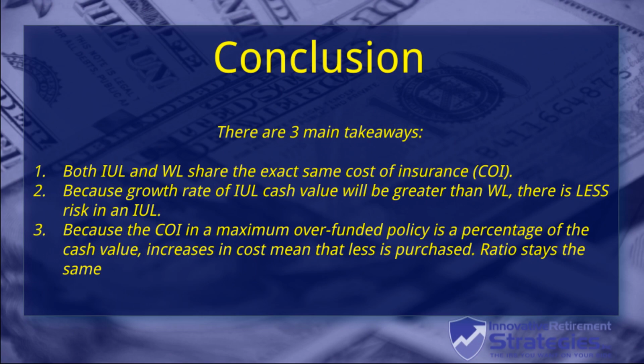So, all right, let's wrap things up here. There are 3 main takeaways that I want you to get out of this presentation today. One is I just wanted to bust the myth that the rising cost of mortality will cause an IUL to lapse. The reality is that all permanent life insurance policies face rising costs of mortality. And the way that they deal with that is by having the cash value or the savings component.